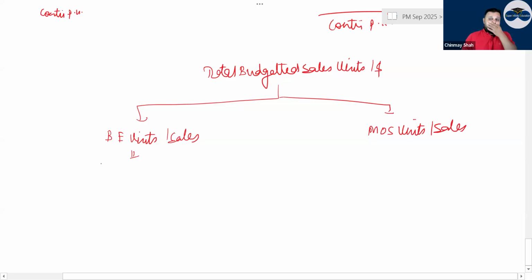There is one formula called break-even ratio. What is break-even ratio? Write down: break-even units divided by total budgeted sales units.